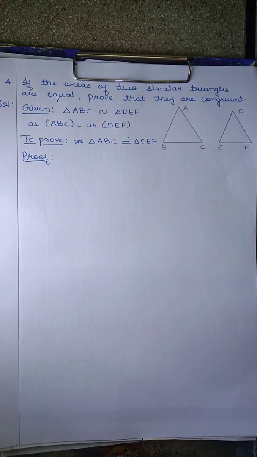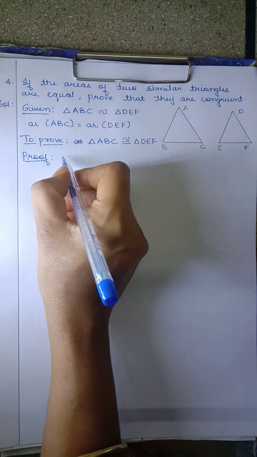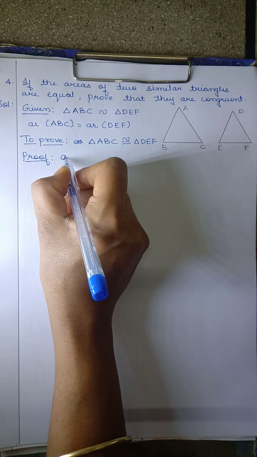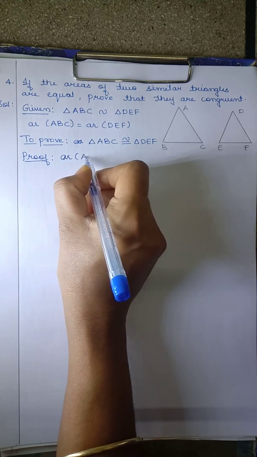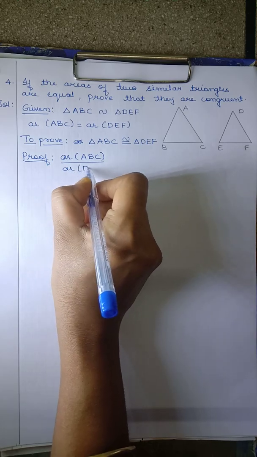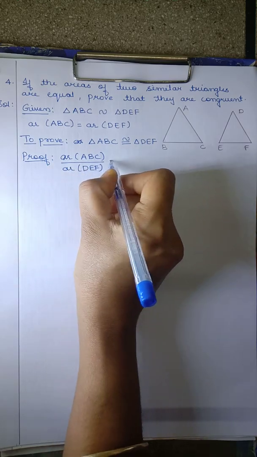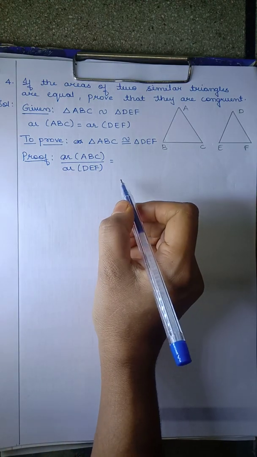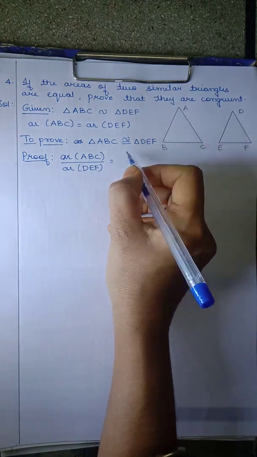Okay, now they have given that the triangles are similar. So when the triangles are similar, we have learned the theorem that the ratio of the areas of the two similar triangles, area of ABC upon area of DEF, is equal to the ratio of the squares of their corresponding sides.